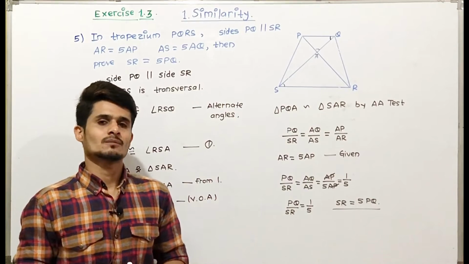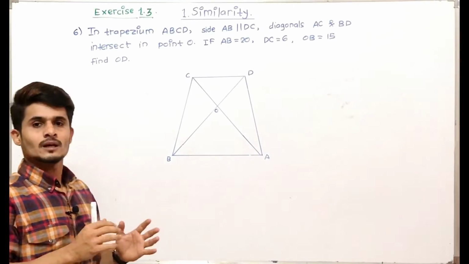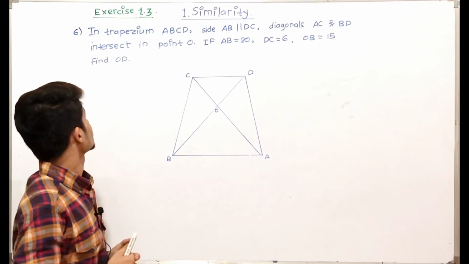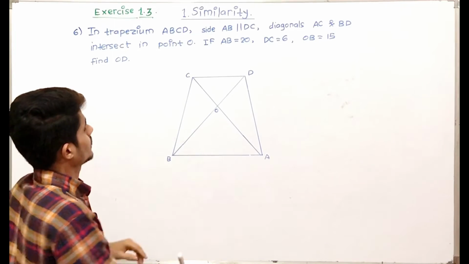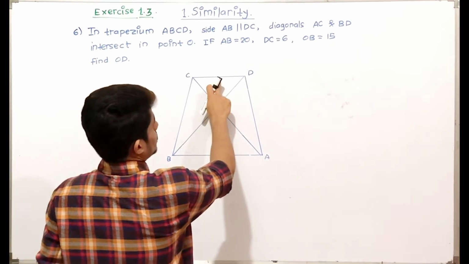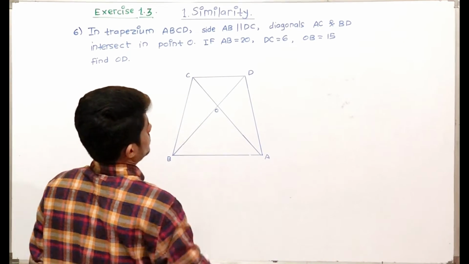So this was question number 5. Now we'll solve question number 6. In trapezium ABCD, side AB is parallel to side DC.